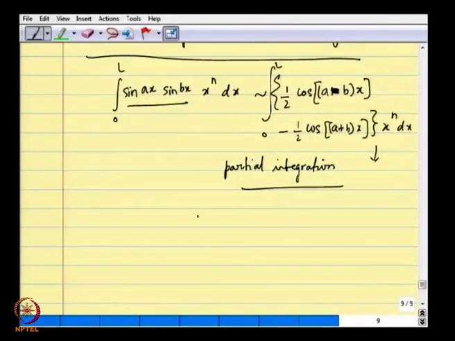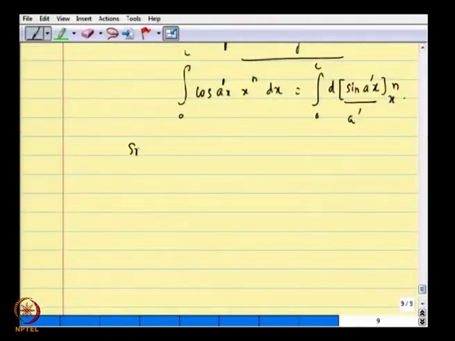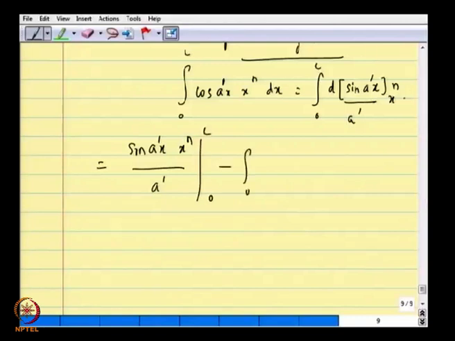Use partial integration, namely the integral of cos a x times x raised to n dx, for example, from 0 to L. Here we have a prime, let us put in, is to be written as integral 0 to L d of sine a prime x by a prime times x raised to n, and then you can use this UV formula, namely sine a prime x raised to n by a prime, between the limits 0 and L, minus integral 0 to L 1 by a prime n x raised to n minus 1 sine a prime x dx.